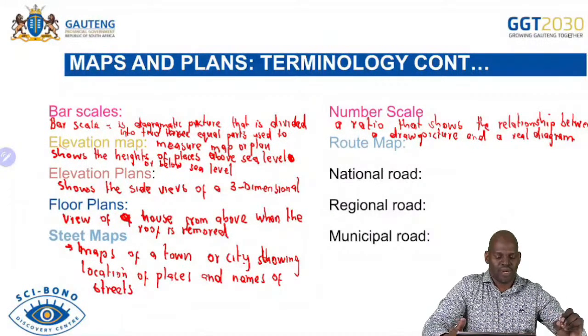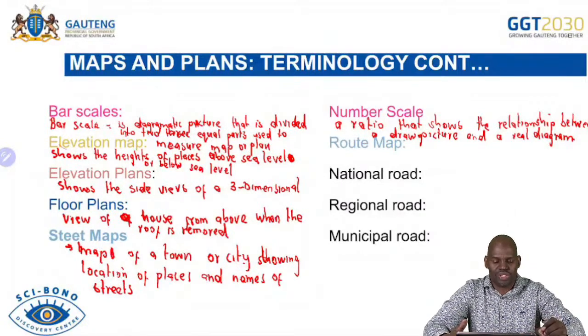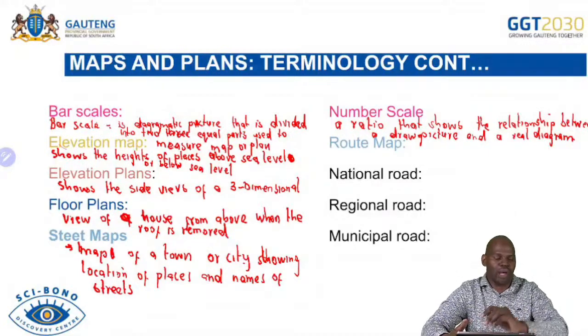Okay, street map. So the street map is a map of a town or city showing locations of places and names of streets.